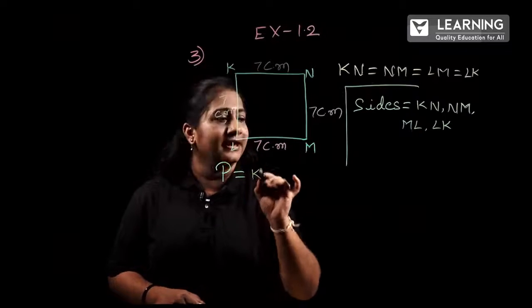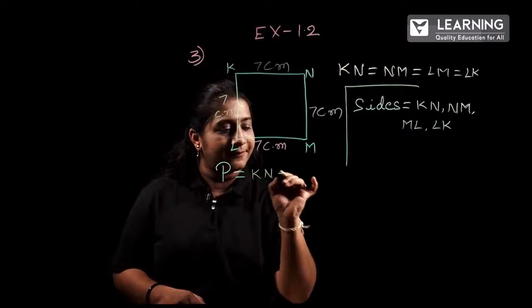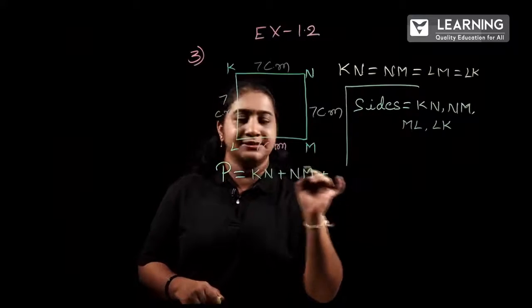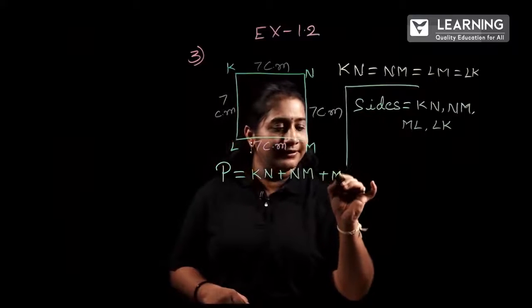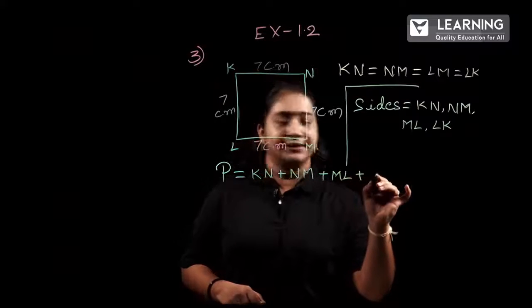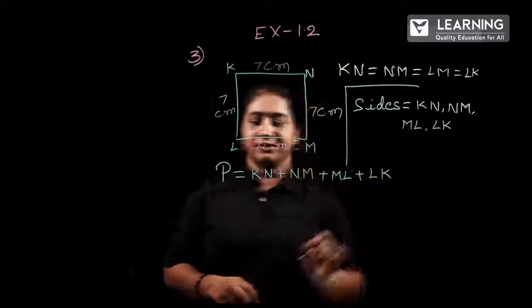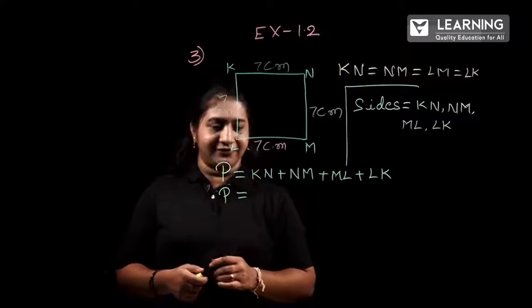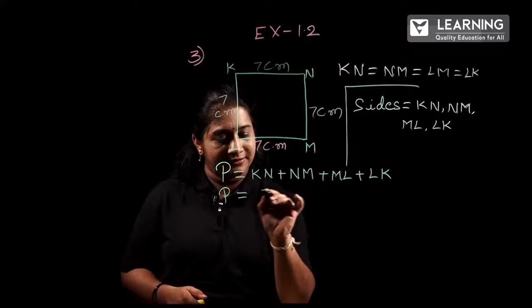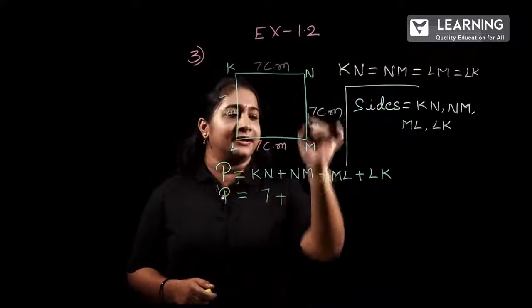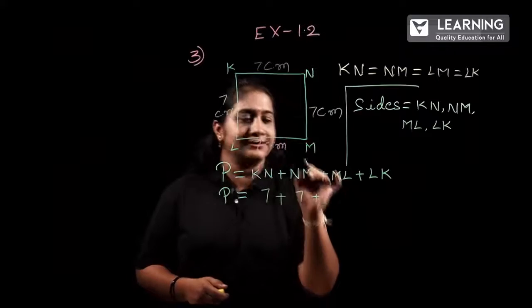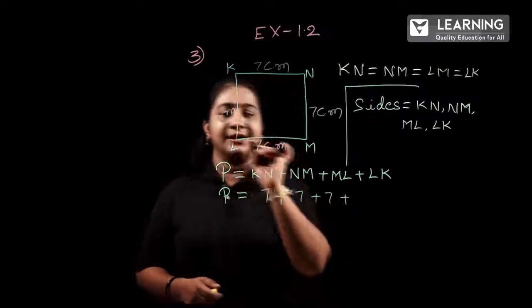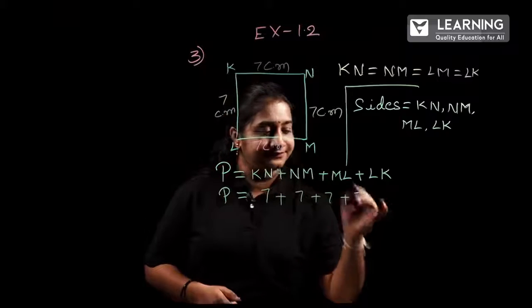First side KN plus NM plus ML plus LK. So, P is equal to, the value of KN is 7 plus NM is 7 plus ML is 7 plus LK is 7.